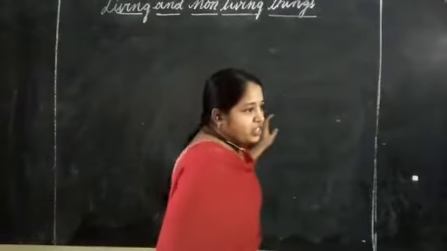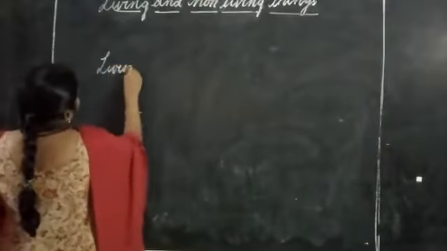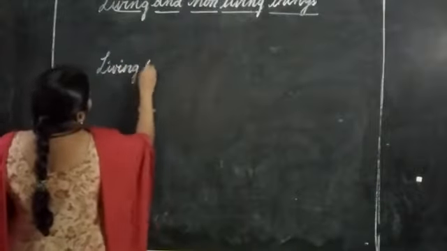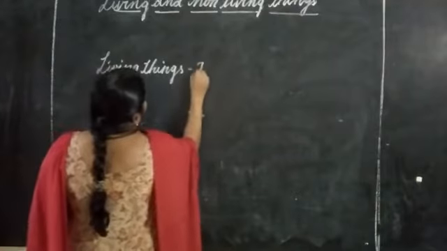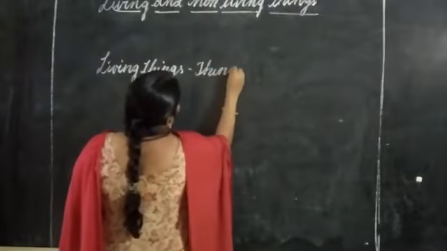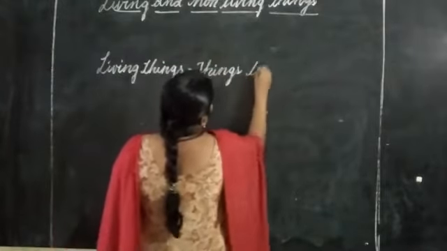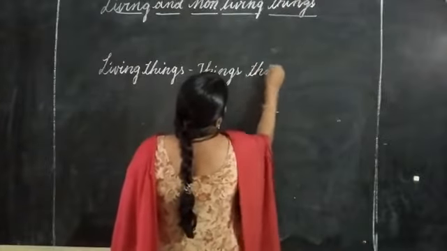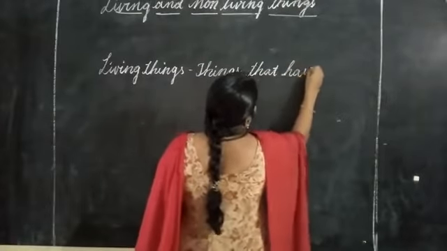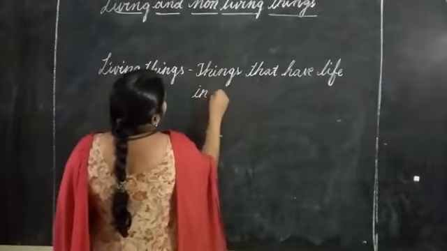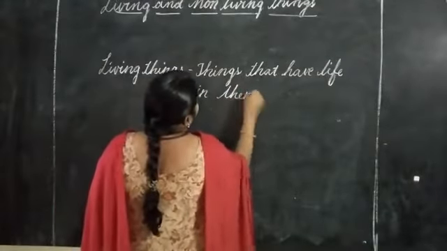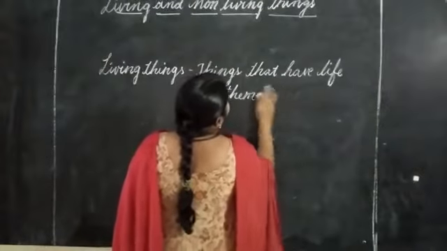Let me write the definitions on the board. So, living things. Things that have life in them are called living things.